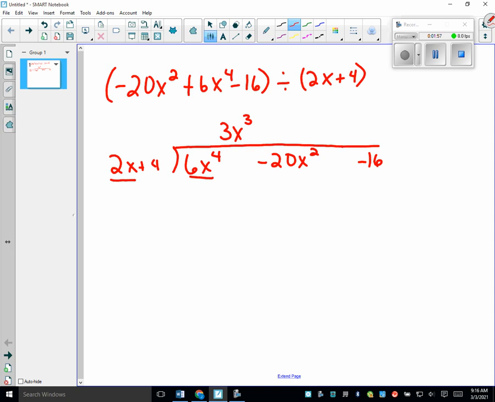Then, don't I multiply the number on top by the number I'm dividing by? That's all I'm going to do, and I'm going to line the terms up in the right spot. What is 3x cubed times 4? 12x cubed. So I put it in my spot, right? What is 3x cubed times 2x?